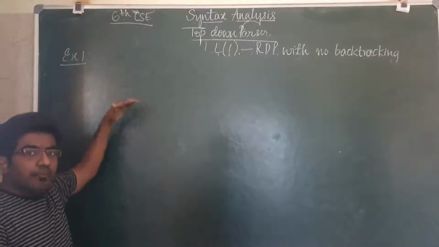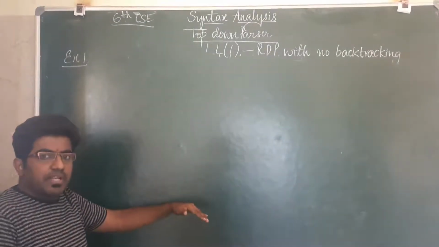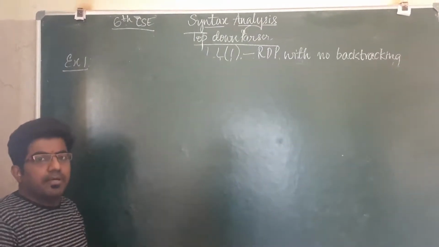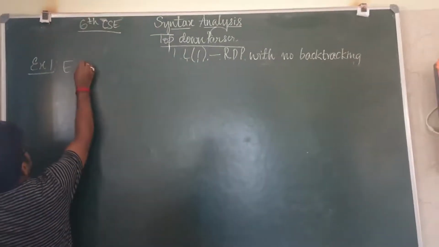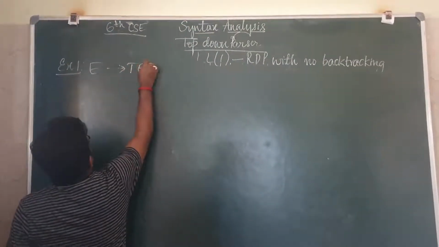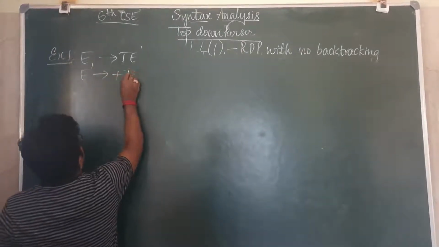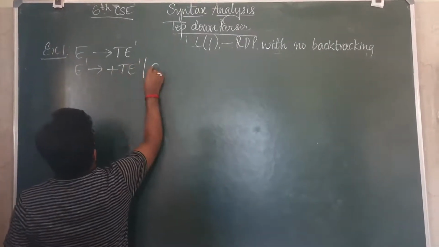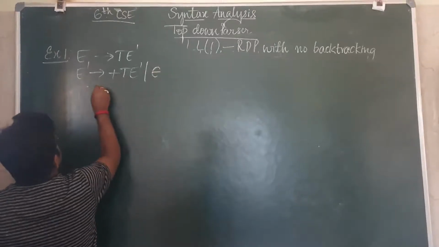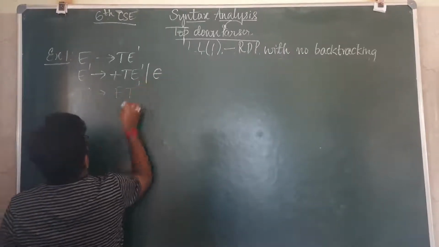What is the unambiguous grammar after eliminating left recursion and left factoring? For the arithmetic expression: E tends to TE dash. E dash tends to plus TE dash or epsilon. T tends to FT dash.